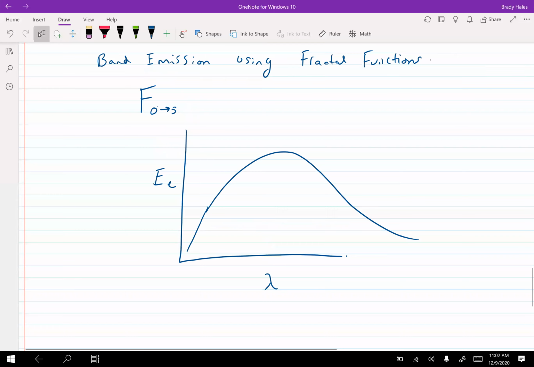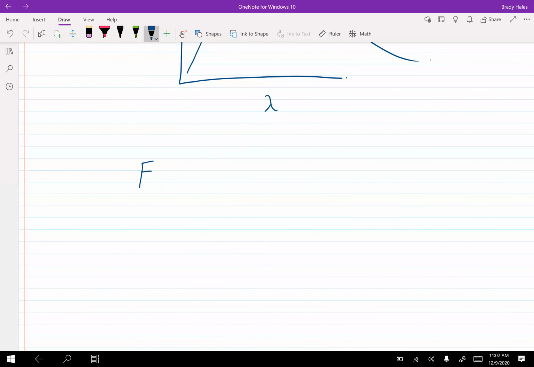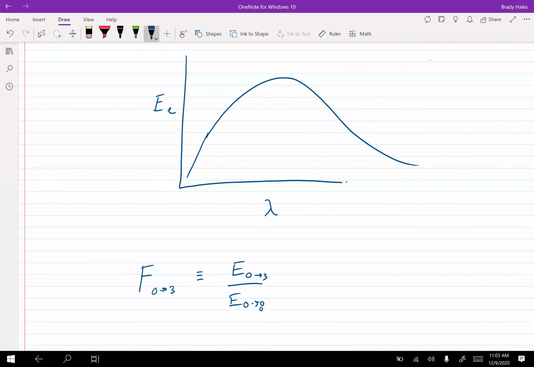The fractional function, so this F value for 0 to 3, would be defined as the emissive power from 0 to 3 over the emissive power from 0 to infinity. That's essentially what it is. Okay. So if here's 3 micrometers, what we're doing is we're taking the blue shaded area and we're going to divide that by the red shaded area.